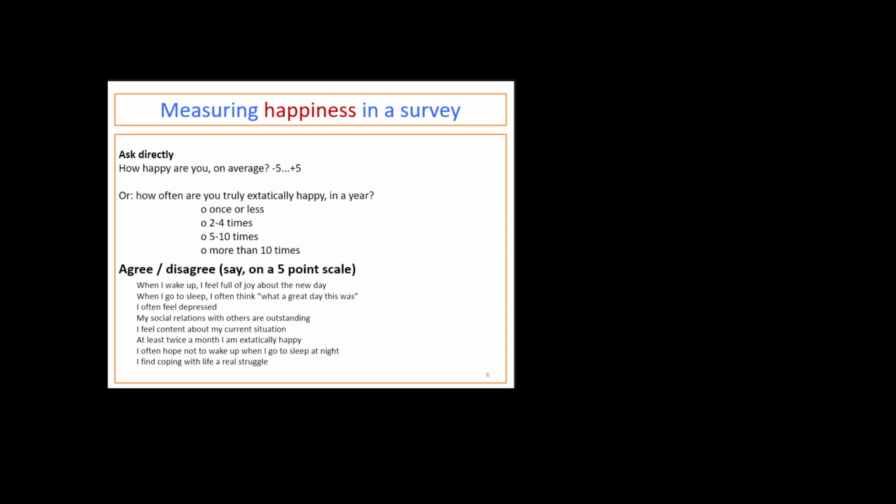For example, your general life happiness, feeling ecstatically happy, but also having good social relationships and not feeling depressed is a part of happiness. And if you sum up all those bits, then you will come to the average happiness score of, let's say, a year.